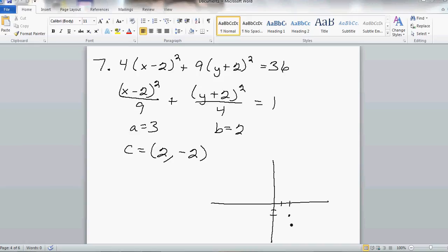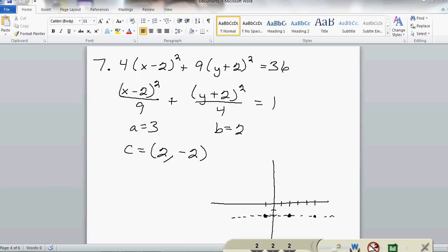Right at that point right there. I know this is an ellipse where the major axis is horizontal. So there's my major axis. How far away is it? Well, A. It's 3 away from my center. So that means I'm going to have to go 3 to the right. I'm going to have to go 3 to the left. And there's my vertices.